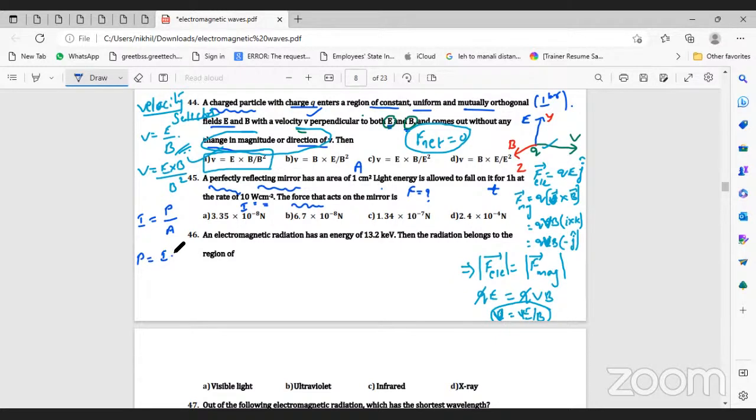It is intensity into area. What is intensity? 10 watt per centimeter square. Area is 1. So power is 10 watt.